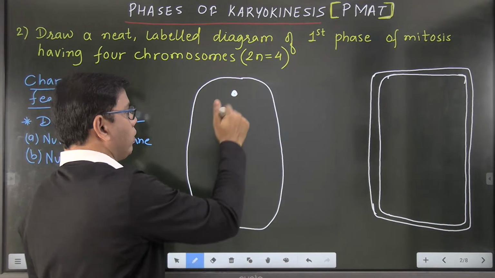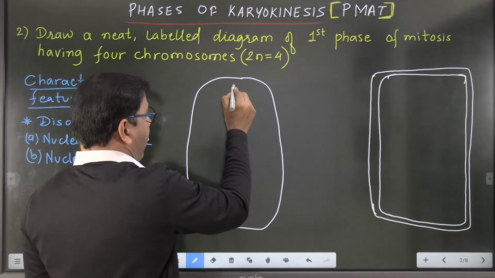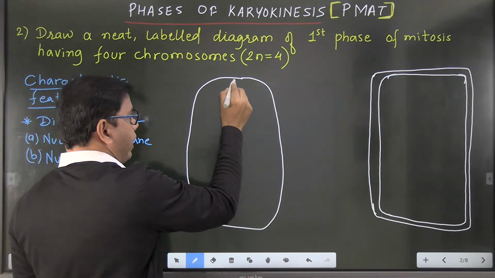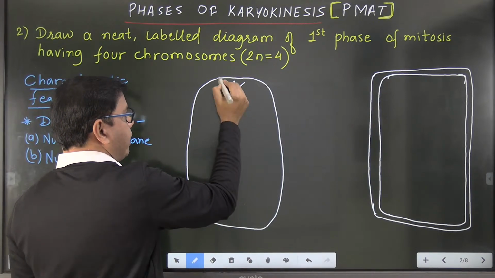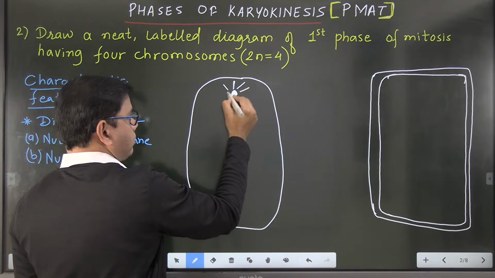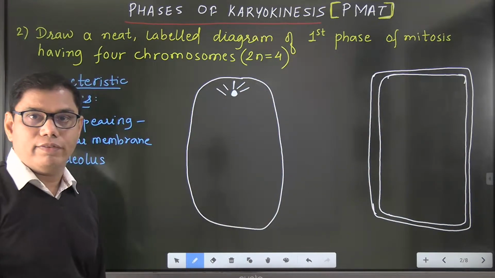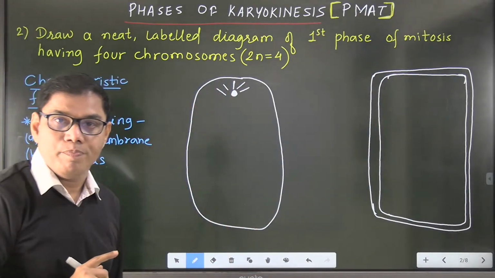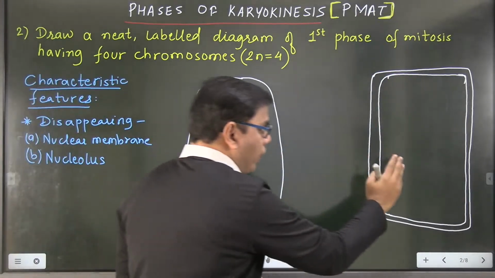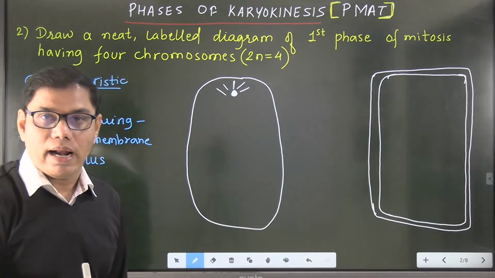Please remember this. Centriole and asters. See how I am drawing the aster: first this line at the center, then left side, right side. Asters are also absent in the plant cell. If they ask what the difference is, you can write this difference.